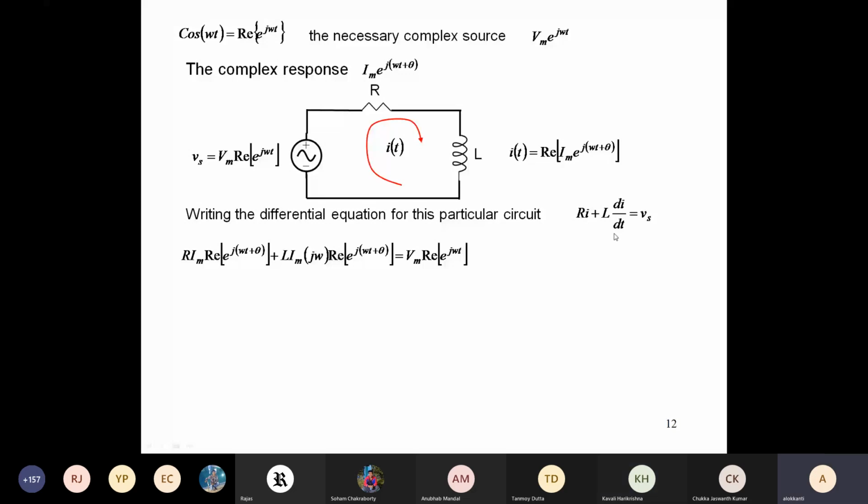Then for L di/dt, we get L Im times jω coming out from the derivative with respect to t, times the real part of e^(j(ωt + θ)). And Vs is equal to Vm times the real part of e^(jωt).